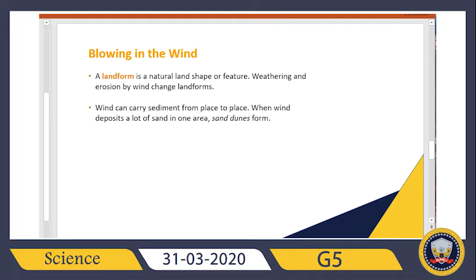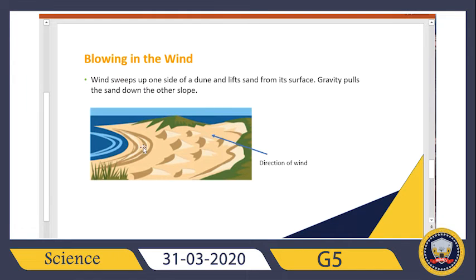Now we will learn erosion by wind. Wind is also really important in terms of weathering and erosion. It can carry sediment from one place to another, and it can form sand dunes, these accumulated sand layers like this.